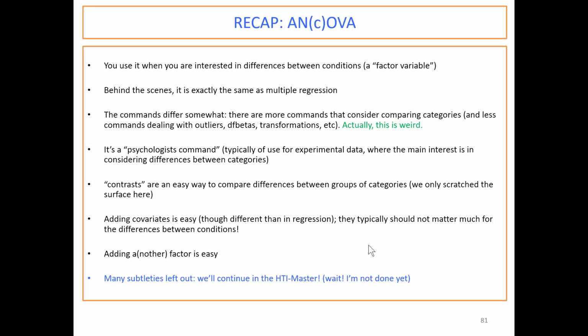It is exactly multiple regression, nothing else, and the commands are slightly different. It's convenient if you know the separate ways to go about analyzing these kinds of things, because in some cases it's easier to run the ANOVA command, and sometimes the multiple regression is better. And indeed, it's weird that none of this is simply all in one command.